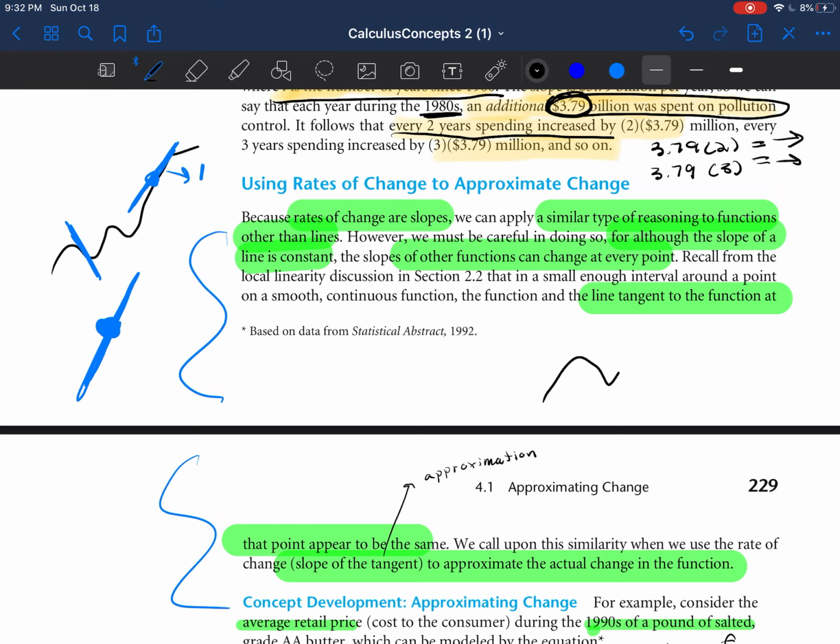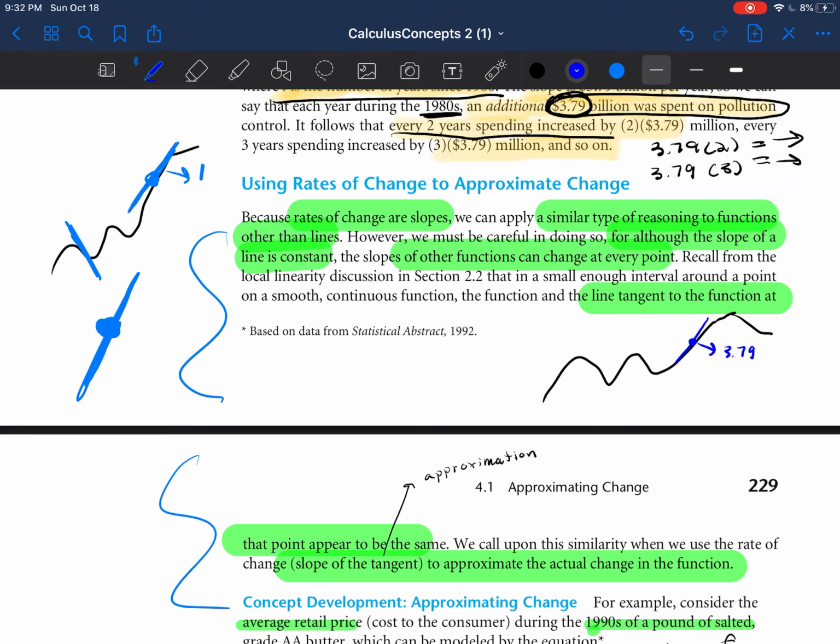So let me repeat this. You have a function like this. Let's say you have a point here. The instantaneous rate of change here, the derivative, has a slope of, let's say, 3.79.